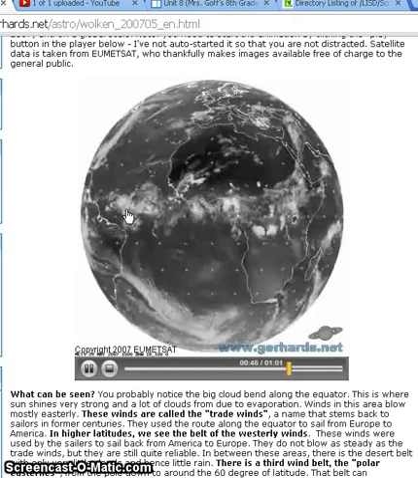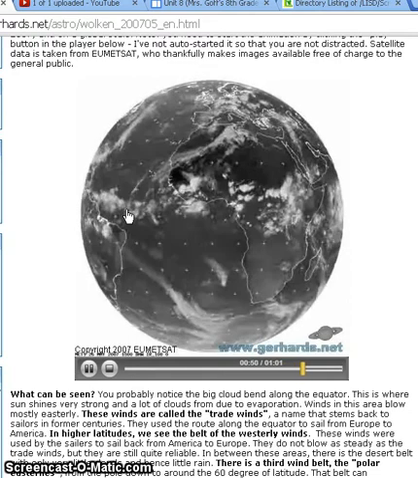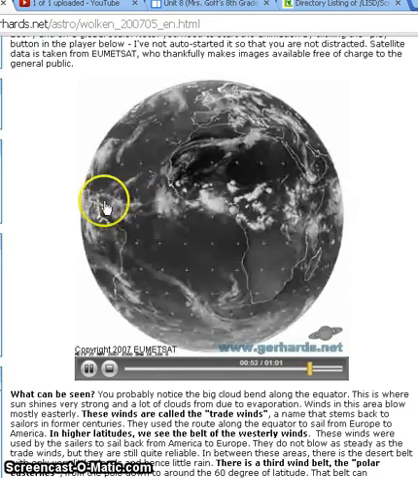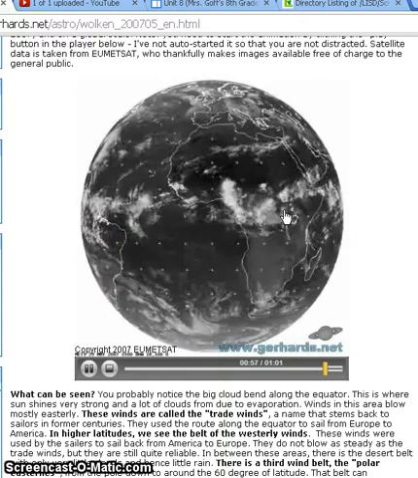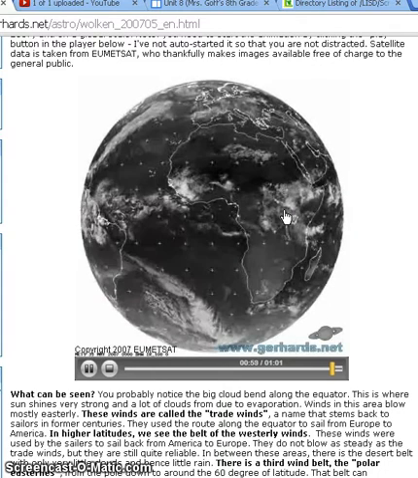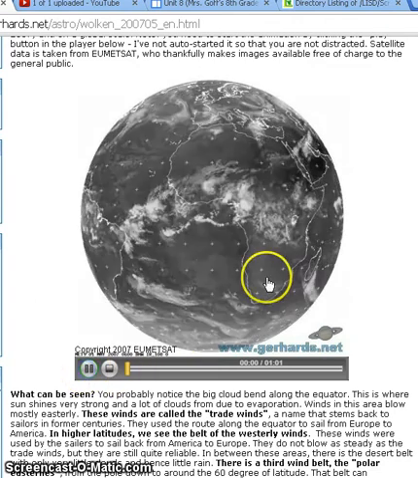All right, number 14. The animation shows that to the north and south of the ITCZ, the Intertropical Convergence Zone, this zone right here, are broad expanses of relatively clear skies. For example, the Sahara Desert of northern Africa and the Kalahari Desert of southern Africa. So they're saying here is the Intertropical Convergence Zone.